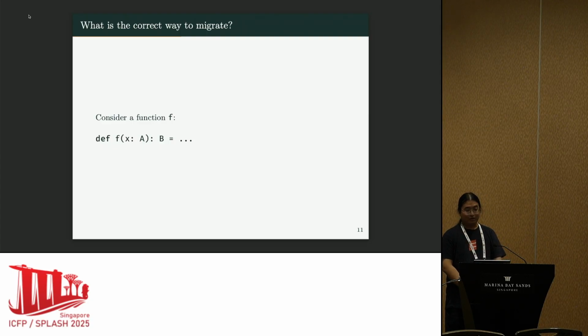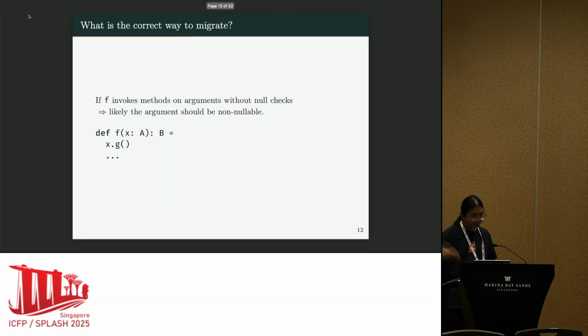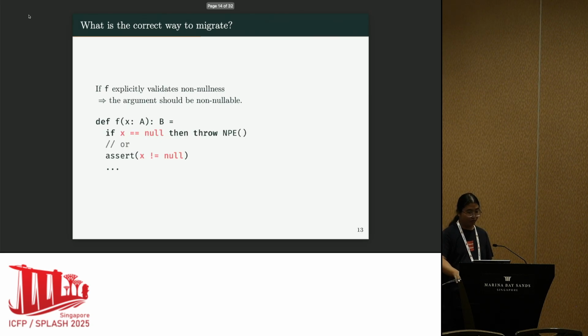Now, we can consider concrete examples. Suppose in your code, originally you have a function which takes a type A and returns a type B. By looking at the body of this function, if you are calling a method on the parameter directly, then the code is probably assuming this parameter to be non-nullable, so you should keep the original type.